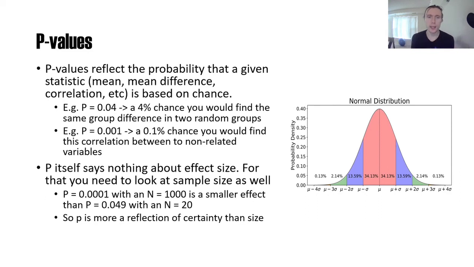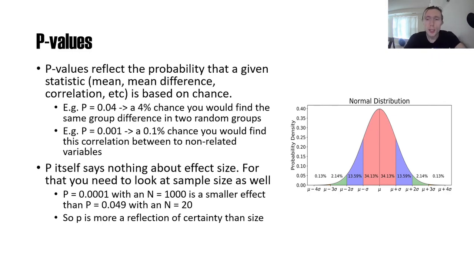Not necessarily the case. Because if your p-value is very, very small, 0.00001, but you also have a very large sample of 1,000 people, then that difference in effect could be a lot smaller than, for example, if you just have a p-value of 0.049, which is just barely significant, but you also only tested 20 participants.